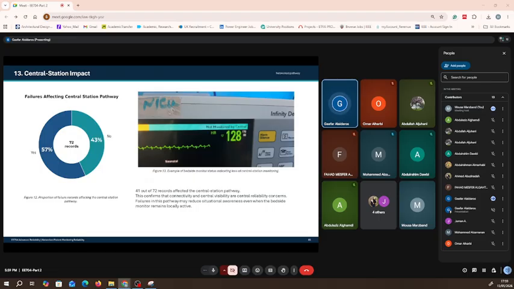The example image shows a bedside monitor status indicating a central monitoring issue. This type of event may not always mean that the bedside monitor itself has fully failed, but it can reduce central awareness.